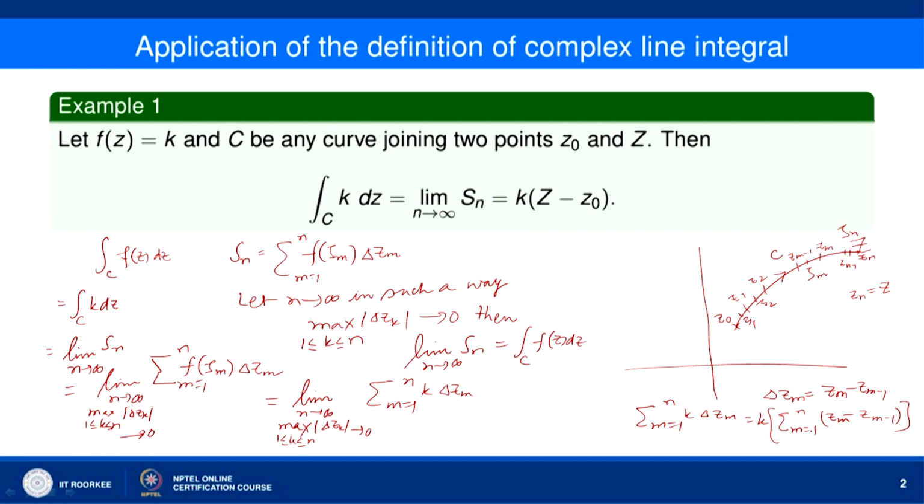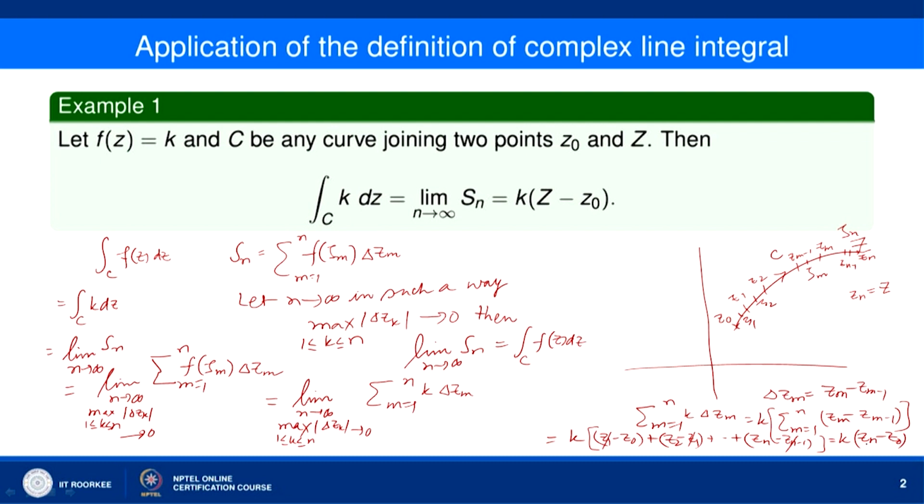When you expand this, what you get is k times (z1 minus z naught), then z2 minus z1, and so on, up to z n minus z(n minus 1). So, what will happen? z1 will cancel with z1, z2 will cancel with z2, and so on, z(n minus 1) will cancel with z(n minus 1), and what we will get is k times (z n minus z naught).